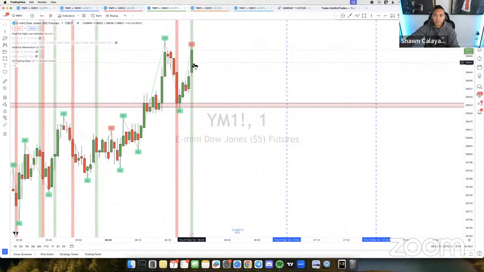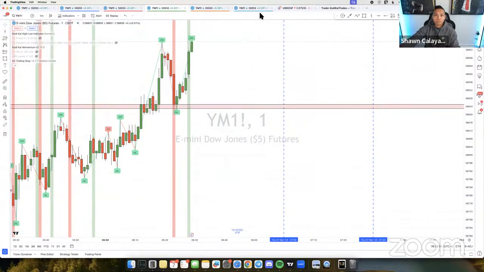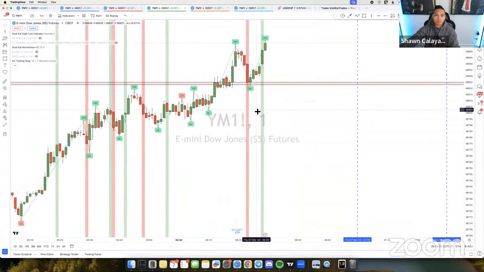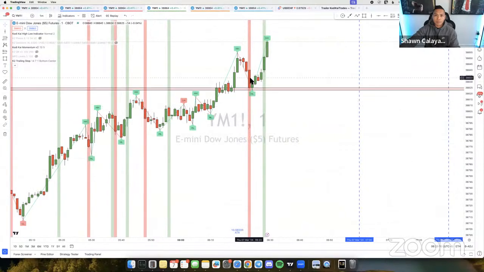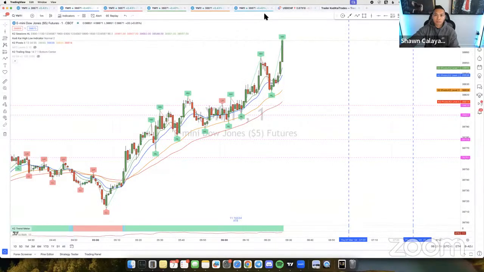So if this closes with a buy signal, then this lower rejection is going to be irrelevant because we can't use it. Yeah, so we're not going to be able to use this right here, which is fine. But we will continue looking for the next opportunity as market opens here shortly in the next minute or so.